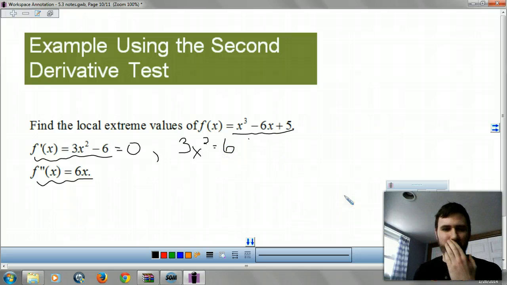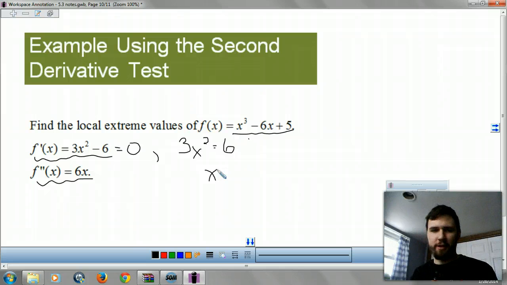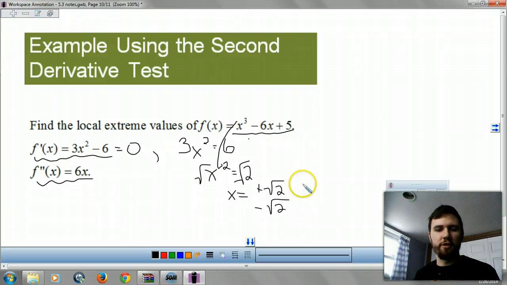Okay, 3x squared equals 6. Let's see if it'll work. Just finish this problem. X squared equals 2. So x equals positive root 2 and negative root 2. Square root both sides. So those are my two zeros.